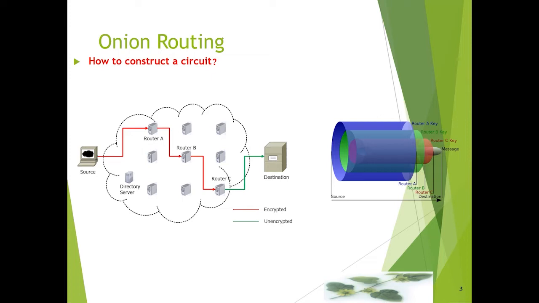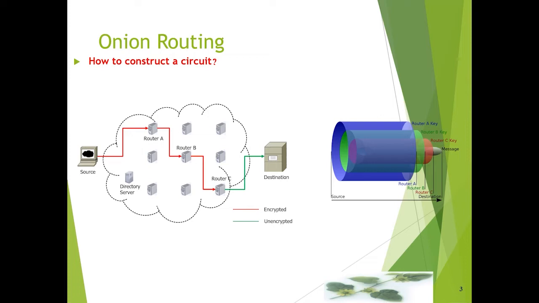In this figure, the source negotiates a symmetric key Ka with router A using the Diffie-Hellman handshake, negotiates a symmetric key Kb with router B using the Diffie-Hellman handshake through router A, and then negotiates a symmetric key Kc with router C using the Diffie-Hellman handshake through router A and router B. The Diffie-Hellman handshake processes are encrypted by Ka and Kb incrementally.